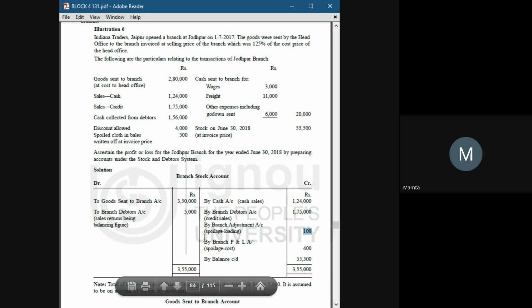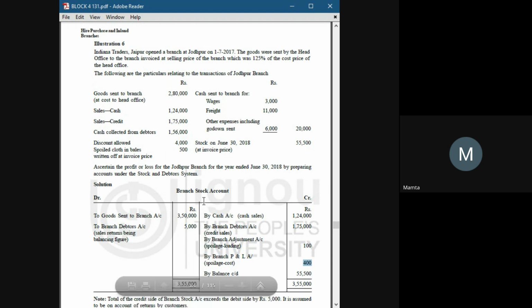And by branch P&L account, spoilage cost, the remaining 400 rupees, under the name of P&L account. We have just put it here, 400. And when you calculate both sides, we have sales return as well. We have sales, no, stocks. Yes, stock at the end of the year.